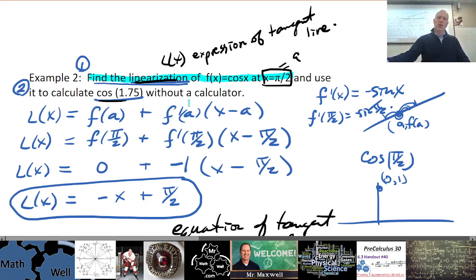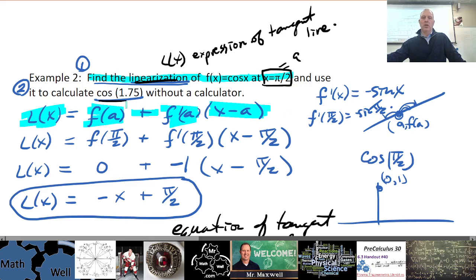All right, so let's go back to scratch, and our linearization equation is L of x equals f of a plus f prime of a times x minus a. The y value that we're going to be given plus the slope times the run. We are looking at x equals pi over 2, so that's going to be our a value.